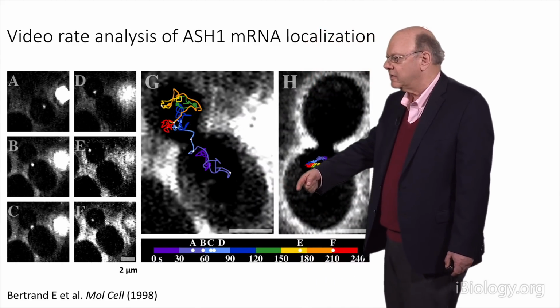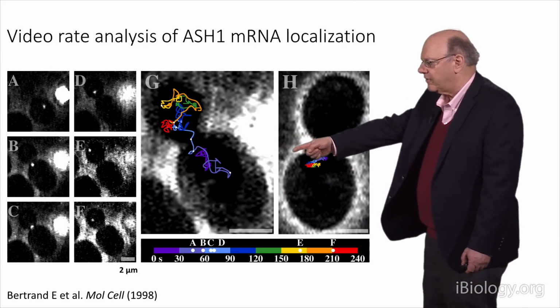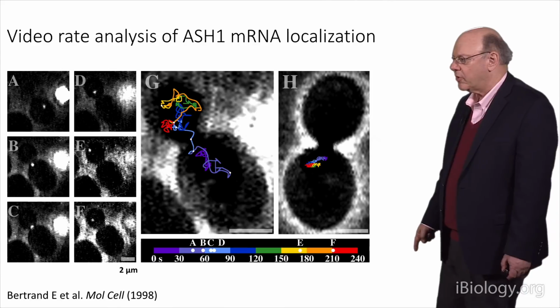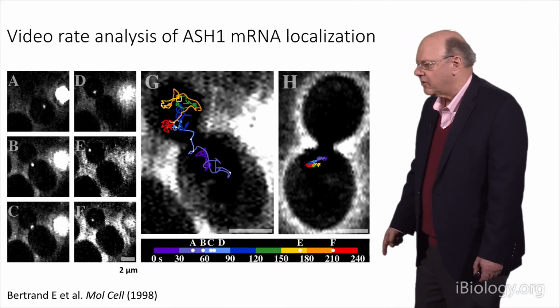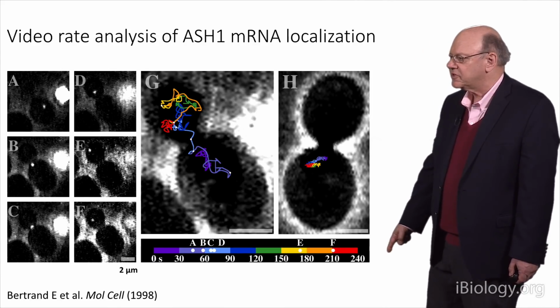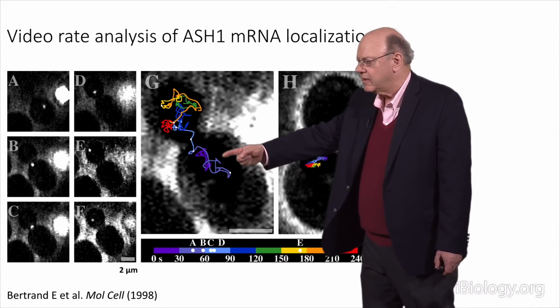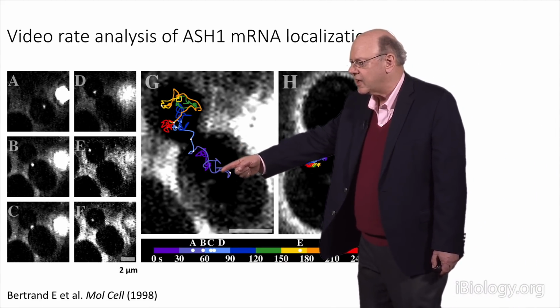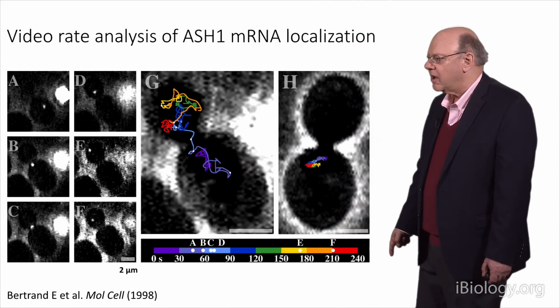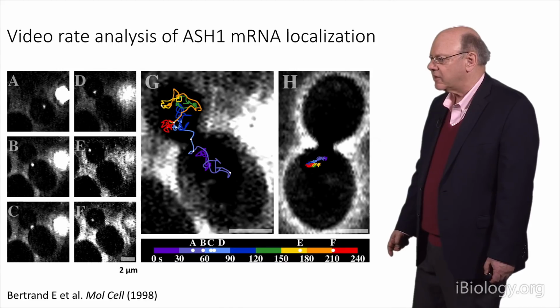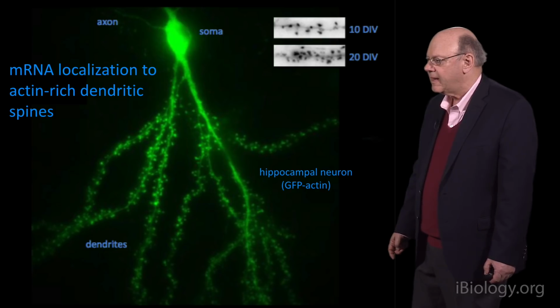And this is the plot here of the motor mutation, so the RNA can't move. When you measure the speed of this movement, it's really 0.6 microns per second, which is the speed of the myosin motor that we have identified genetically.